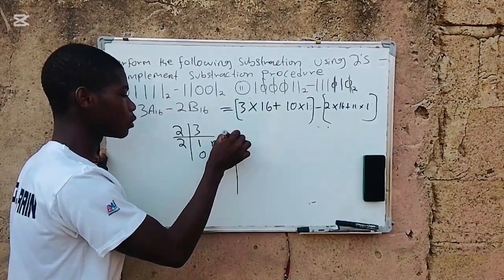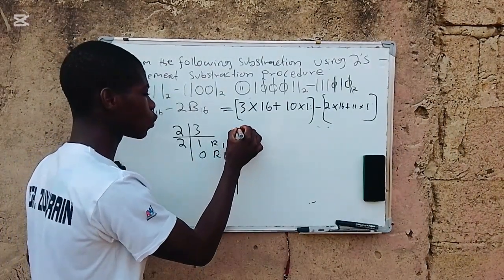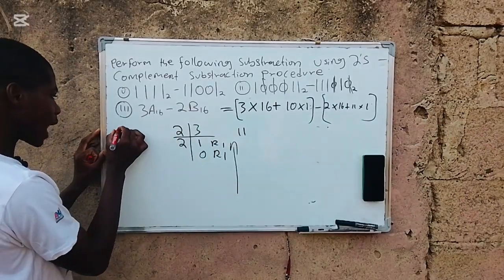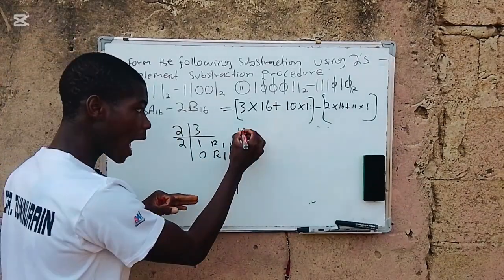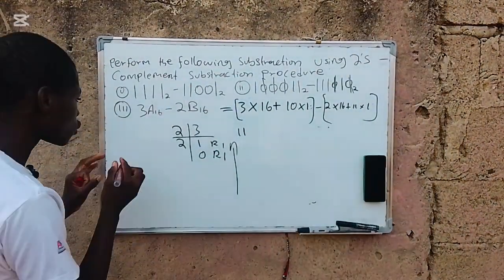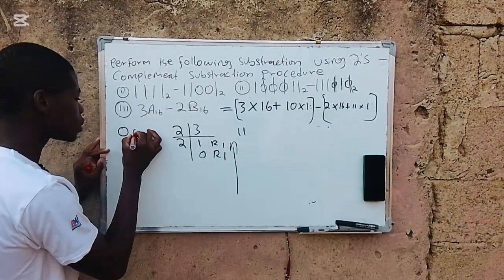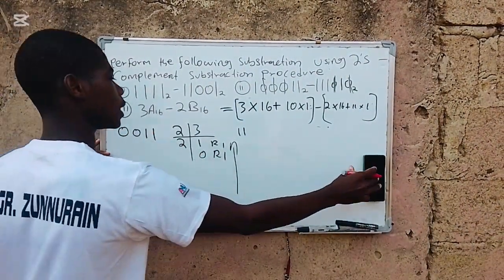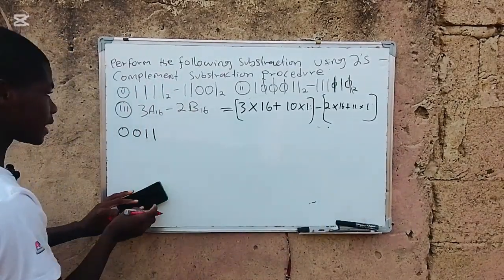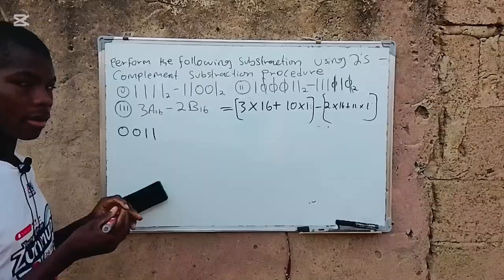So my remainders are 1 1. But I am dealing with 4 bits, so I will add 0 0 and get 0 0 1 1. The next thing is, what is A?